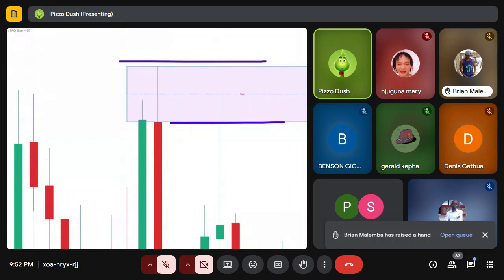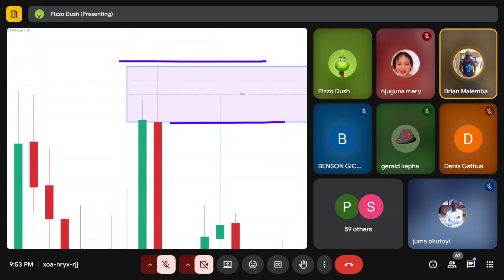Malemba, do you have another question? Yes. So for example, upate order block kwa 1 hour time frame, alafu bado upate kwa 15 minutes kuna order block ingine lakini iko slightly lower than hiyo ya 1 hour.